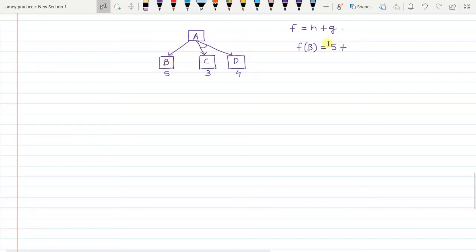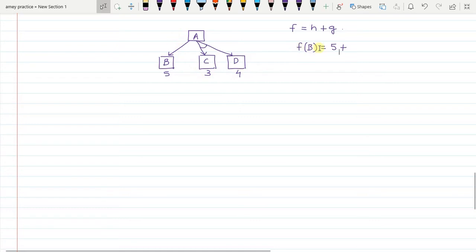So for f of B, the heuristic value is 5, and also we are assuming in this problem that across all the edges in the graph the cost is unit cost, right? That means you will see that no cost value will appear on any of the edges. That means the cost to traverse from one node to another node is 1, right?